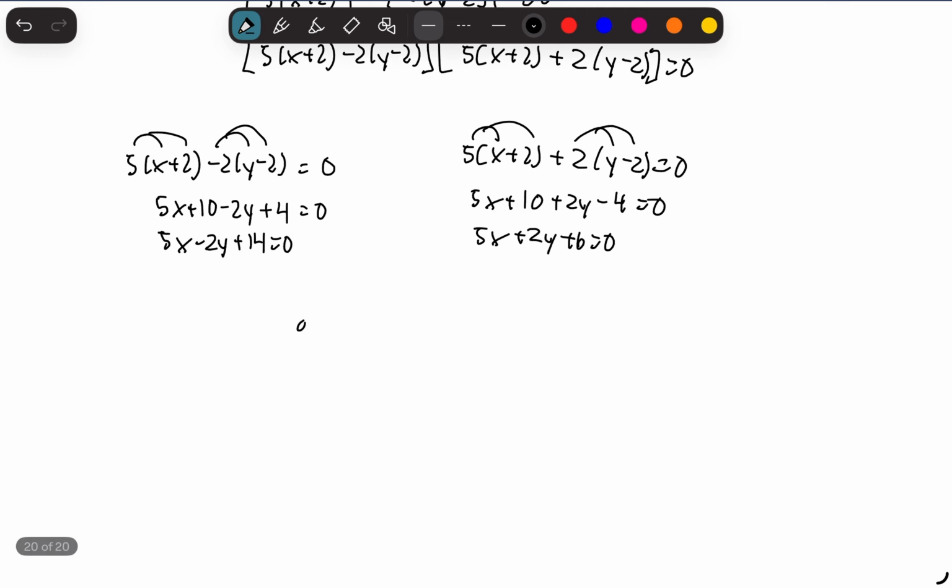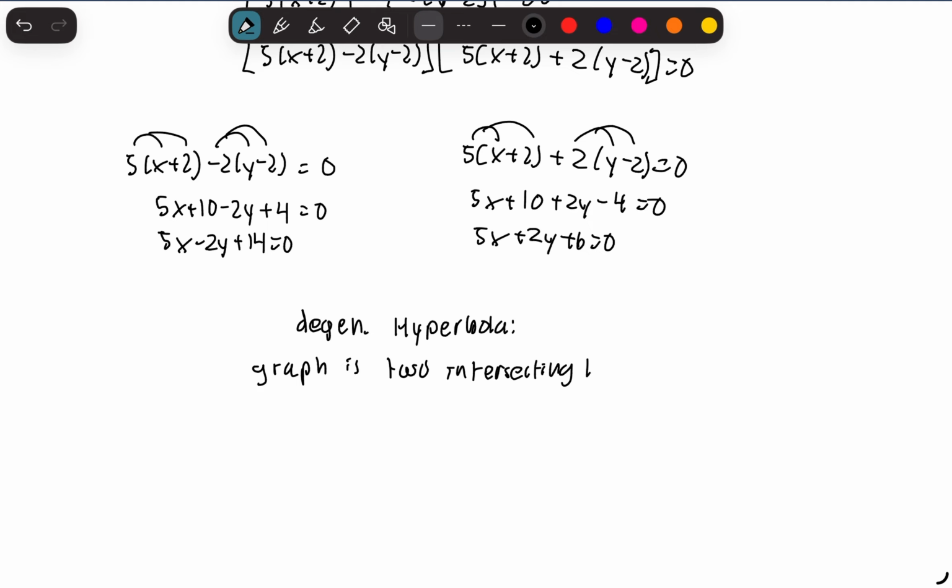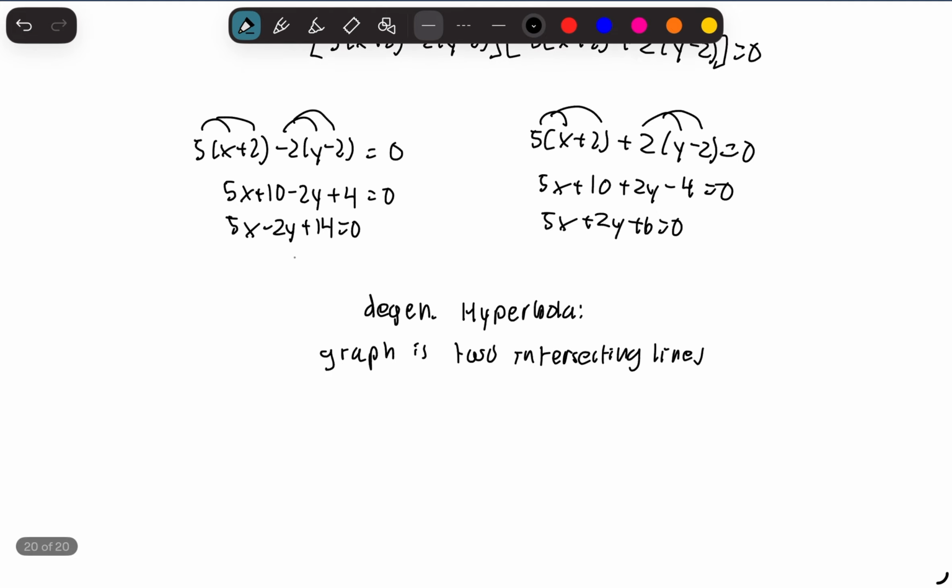So this is going to be a degenerate hyperbola. So these are our equations.